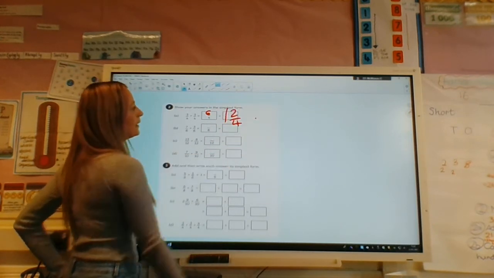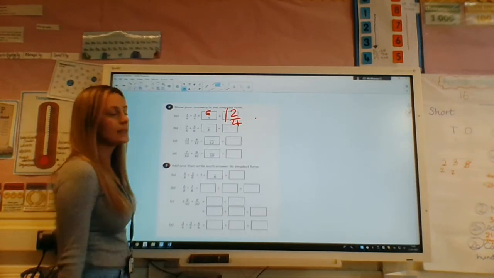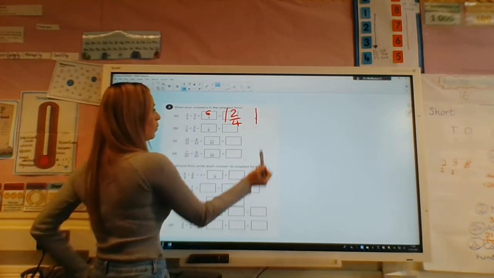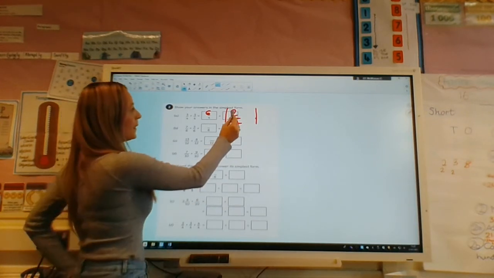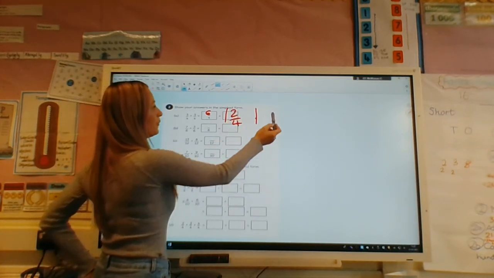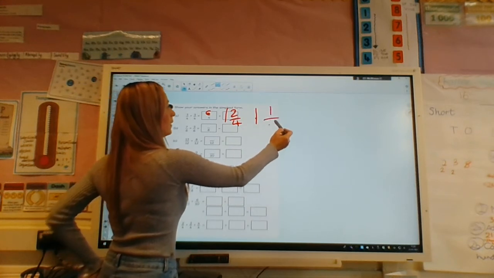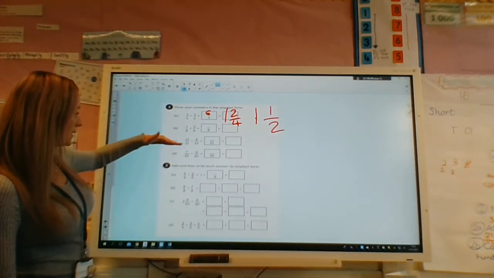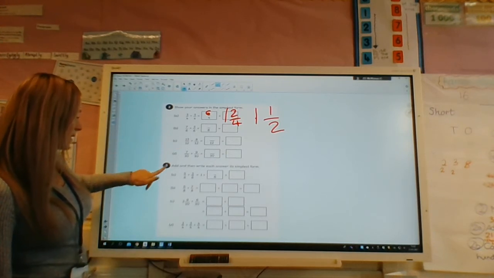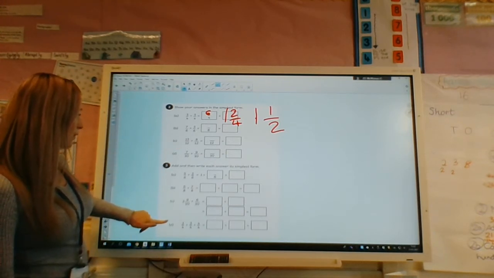Then here, can you write what that is as a simplified fraction? You can halve 2 and 4, which would make 1 half. Then do the same for B, C and D, and then the same for question 3.